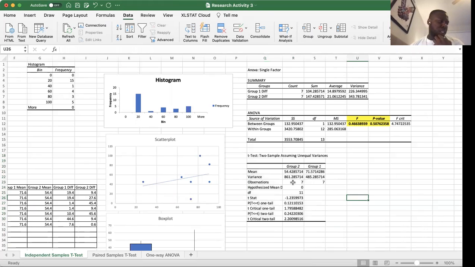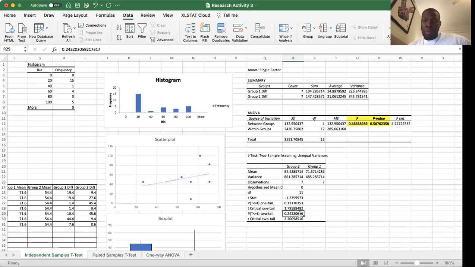Now, with this information, what I'm trying to prove is that since my p-value right here is not less than my alpha value, which is 0.05, it is actually more, that means that I can accept my null hypothesis.